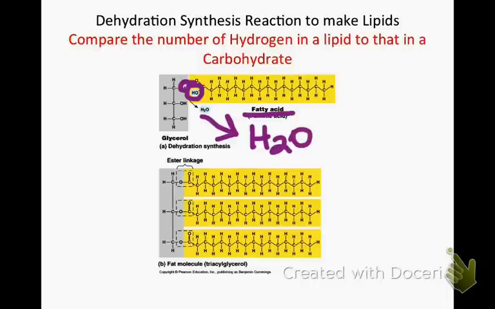Because of that, these are going to form a bond right down here, and it turns into a triglyceride. So just showing you again, dehydration synthesis, combining two things together, a glycerol and a fatty acid, two lipids can make a really gigantic lipid, like a triglyceride.